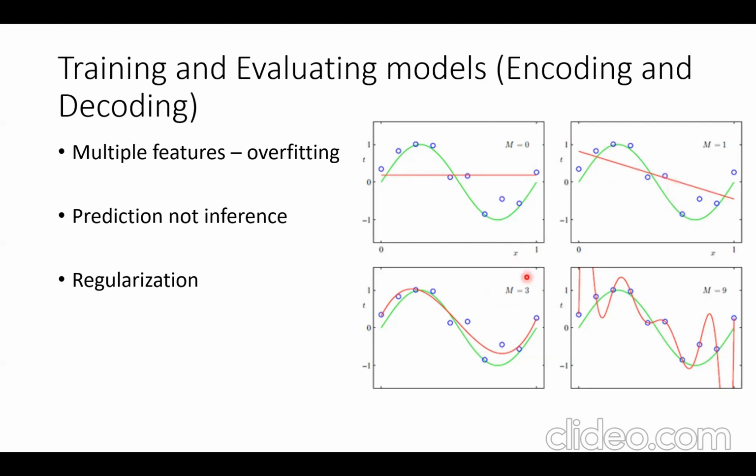At some point, we're going to get the number of parameters that very correctly describe this underlying function. In this particular case, it's a cubic function, so 3 parameters are describing the underlying distribution. But we don't know the underlying distribution.